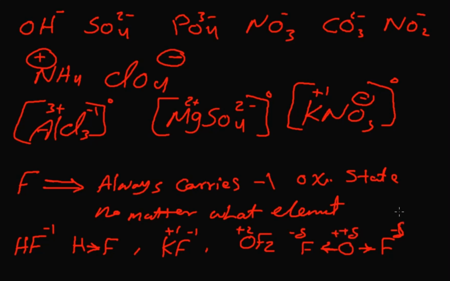So in total it will be -1 oxidation state on each fluorine and 2 positive oxidation state on the oxygen.